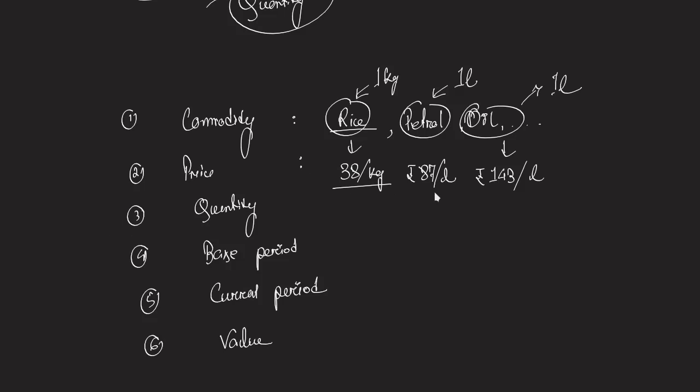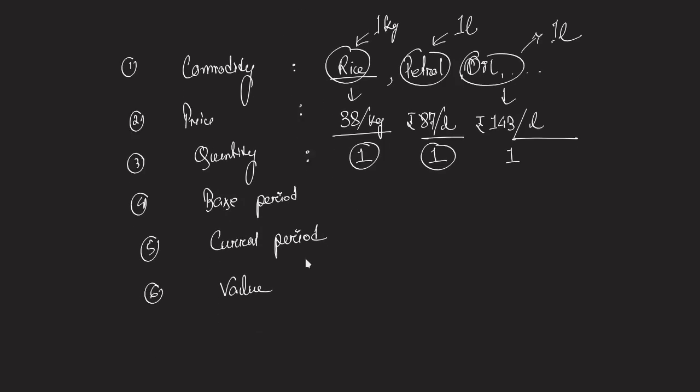So these are different prices. For a commodity, quantity will be, if you spend 38 rupees you get one quantity, if you spend 87 rupees you get one quantity, if you spend 143 rupees you get one quantity, right? So these are quantities, how much of that commodity or item you can get by spending a particular amount.